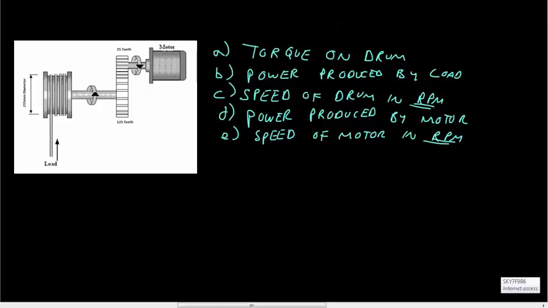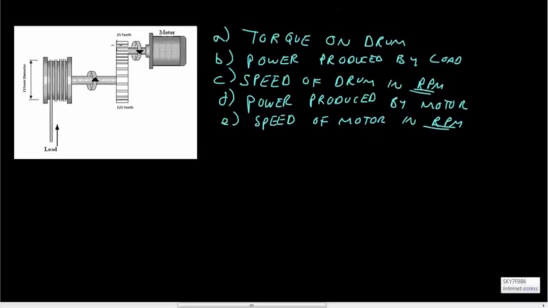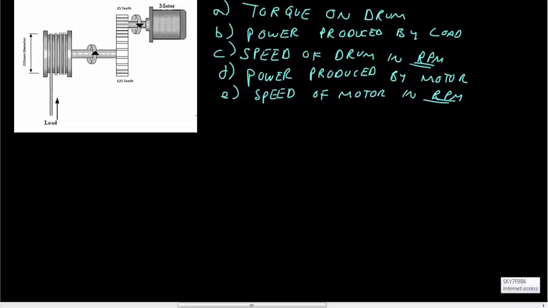Okay, so initially we're told the motor drives a small gear and the large gear rotates the drum and raises the load. In this case, the load is 37.5 kilonewtons and it is raised at 0.825 meters per second.